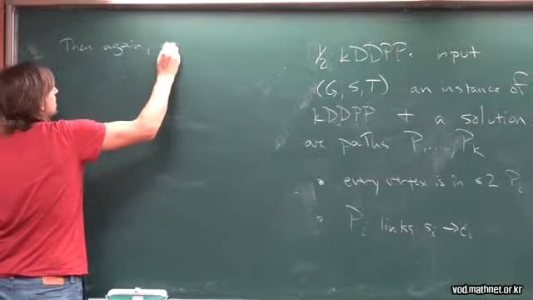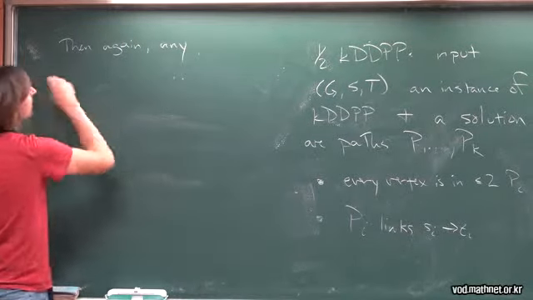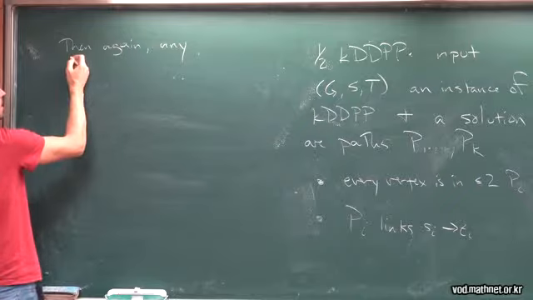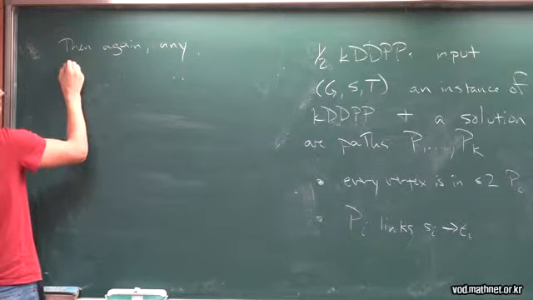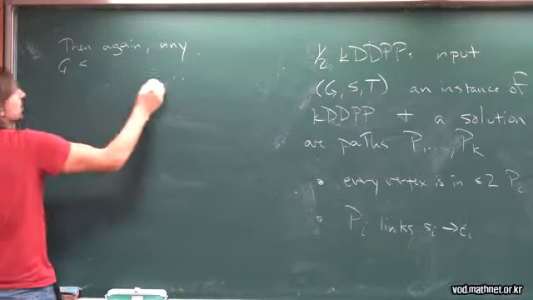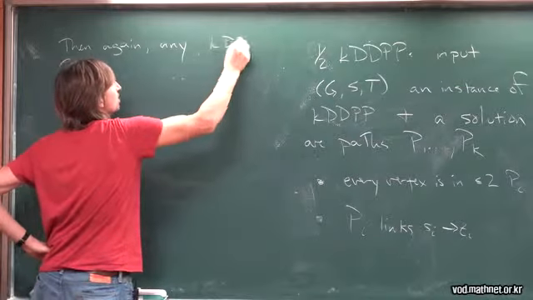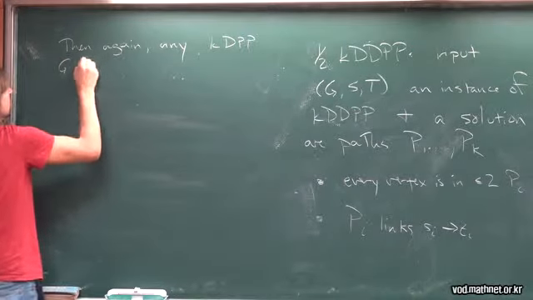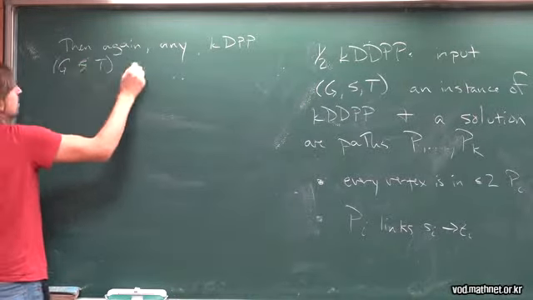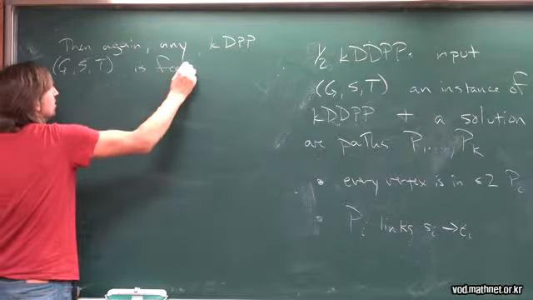And again, any K-DPP instance (G, S, T) is feasible.